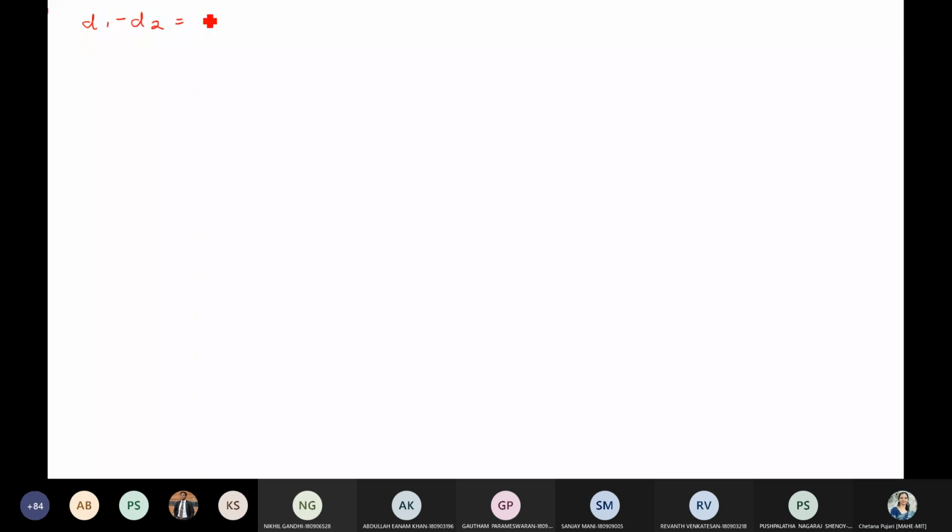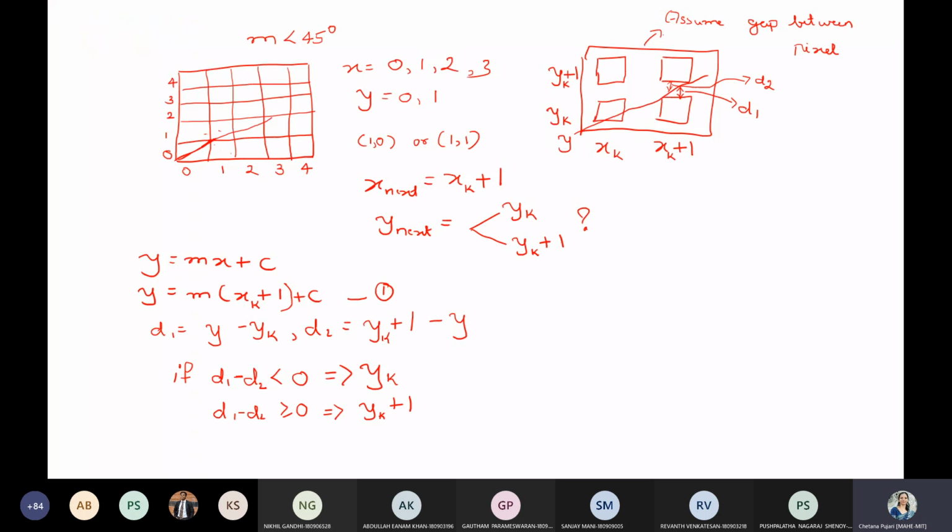This is equation 1, let's say this is equation 2 and this is equation 3. Now we are going to substitute equation 1 in equations 2 and 3. I'm going to replace our y value in terms of m x and c.